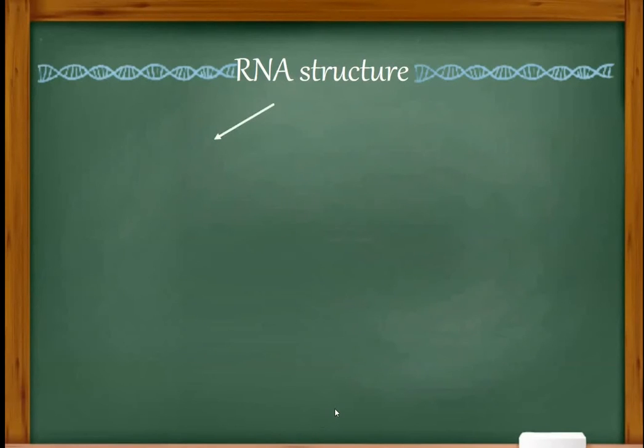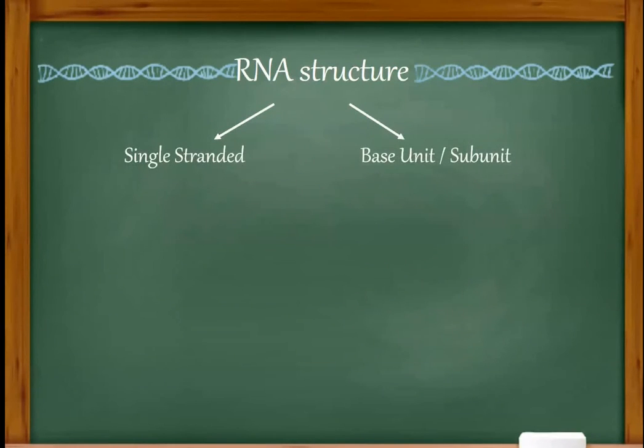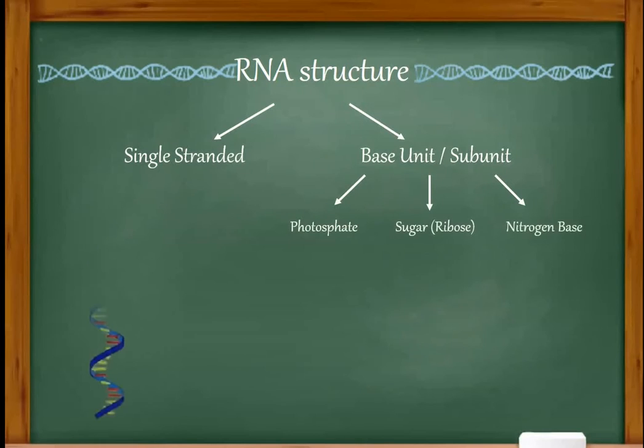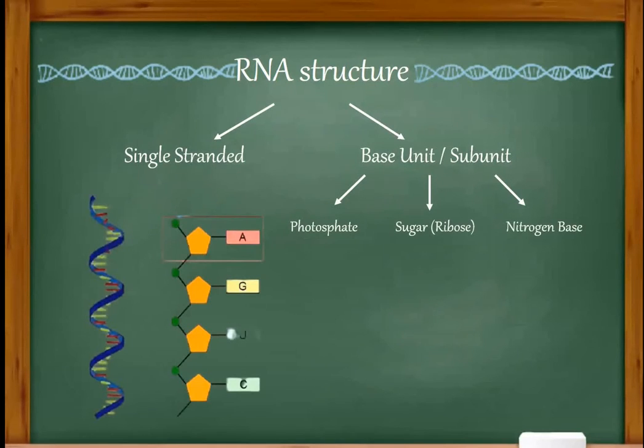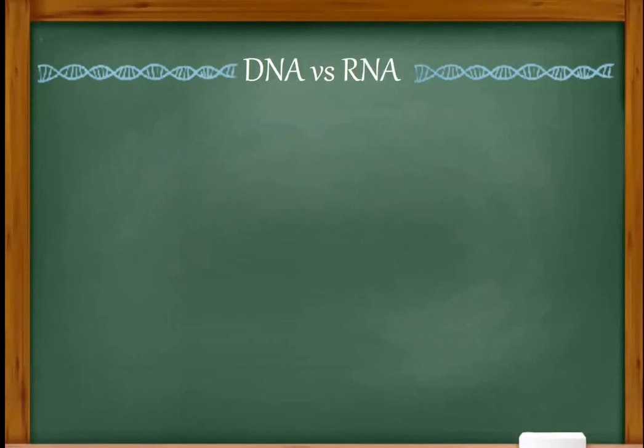RNA structure. Ribonucleic acid or RNA is a type of nucleic acid. RNA consists of nucleotides. Nucleotide consists of three components: sugar, a phosphate group, and a nitrogenous base. Let's compare DNA and RNA.